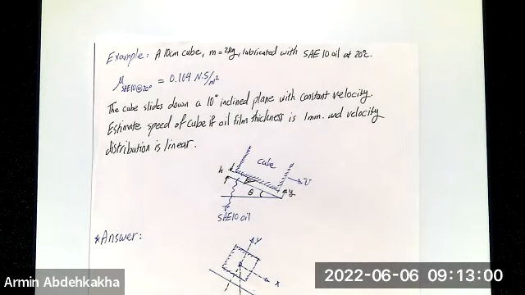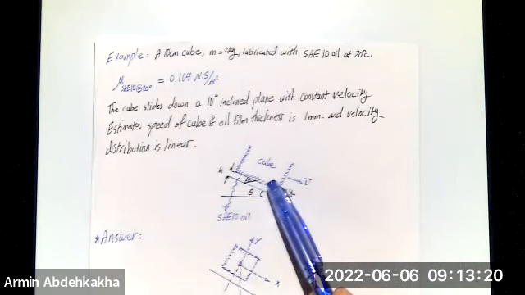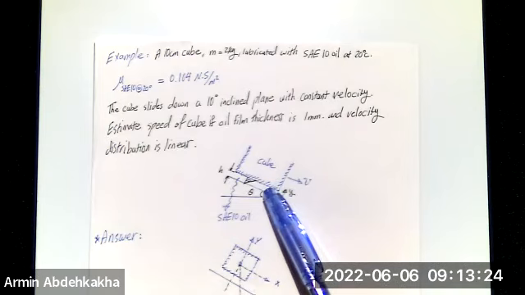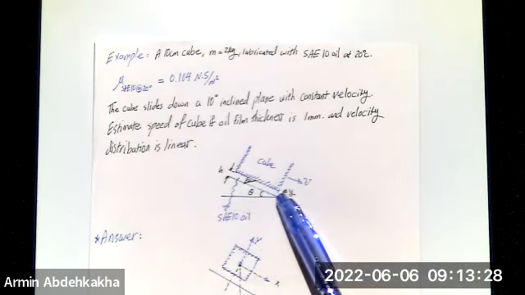So here is an example of how the velocity profile works, and how you have to calculate tau and the shear force between the fluid and a body. So consider that you have a cube, whose mass is 2 kilograms, and you have a shape like this as it is coming down.